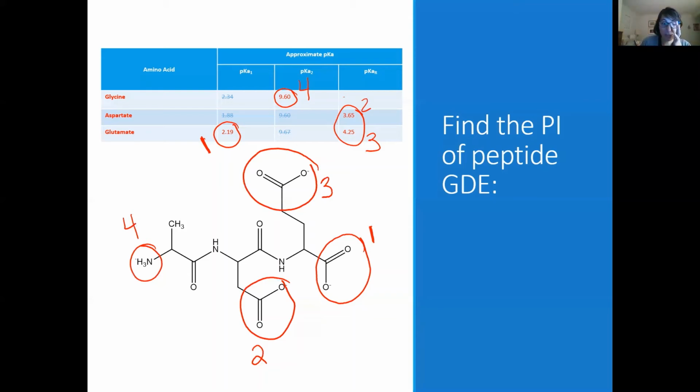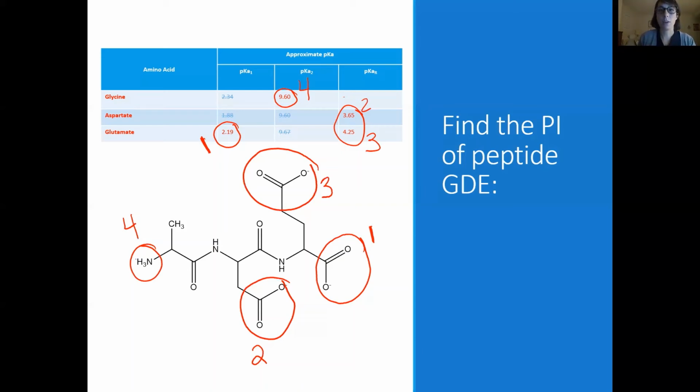So each of these will change with an increase in pH. And I want to think about how the charge of the whole molecule will change, going from the lowest pH to the highest pH. Starting at the lowest pH possible, everything is protonated.